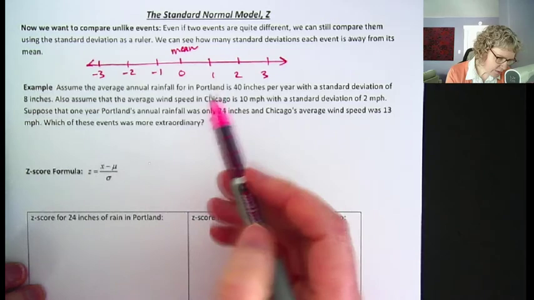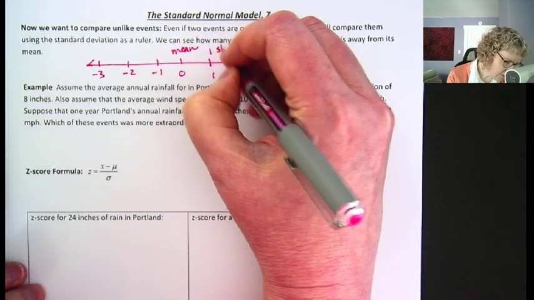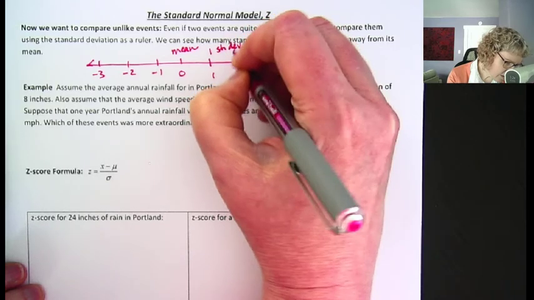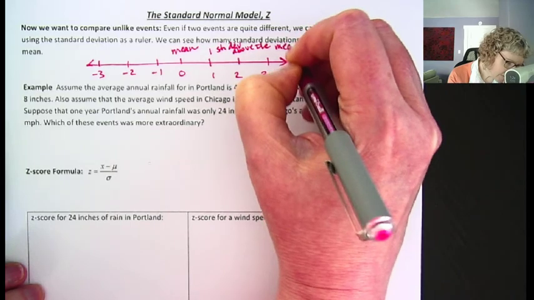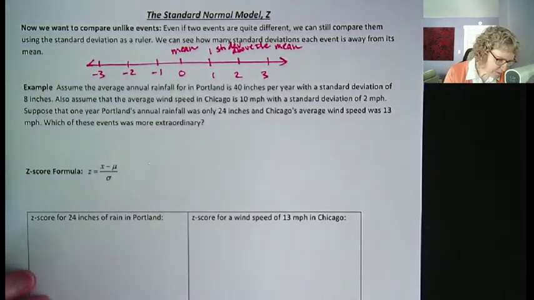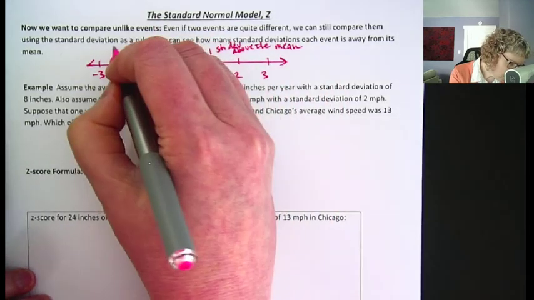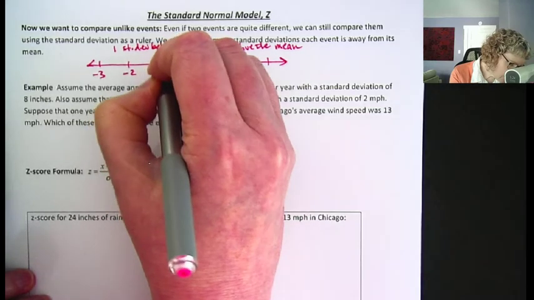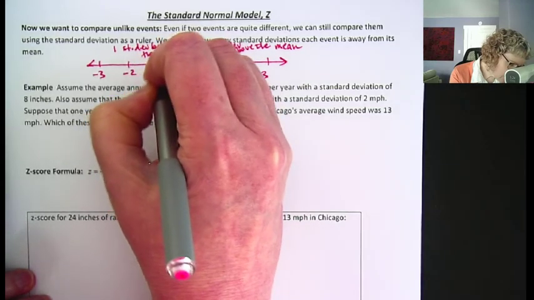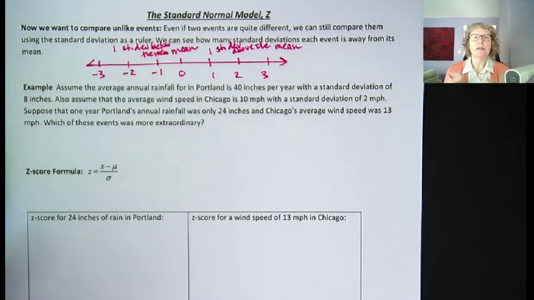So this 1 is like 1 standard deviation above the mean. I'm abbreviating here because there's not a lot of space. And -1 is 1 standard deviation below the mean.